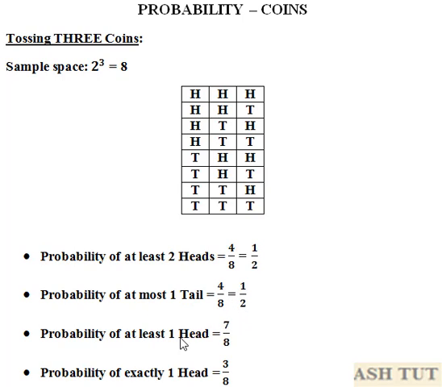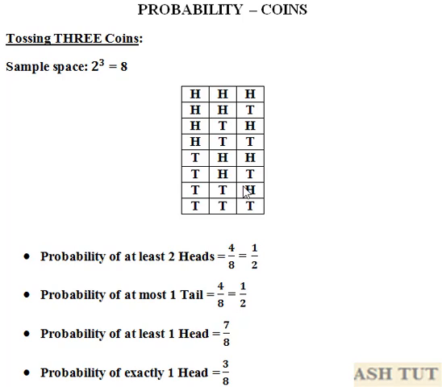Next is probability of at least one head. At least one means minimum one, but maximum can also be there. So that is 7 by 8. And probability of exactly one head. We need only one head. In this case we have one head, and in the second last set also we have one head.